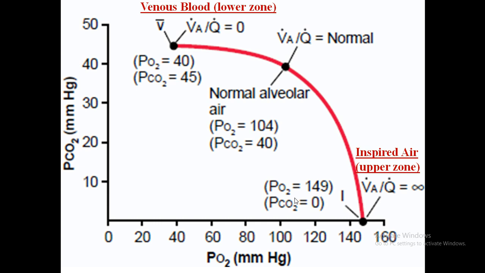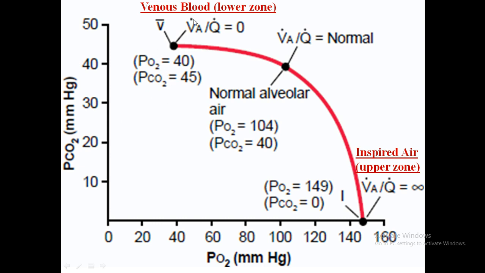So, in the upper zone, you have gases with a composition which matches the inspired or humidified air, while in the lower zone, the composition of the gases matches the venous blood, because there is no ventilation. How did the change occur in the composition of the gases?